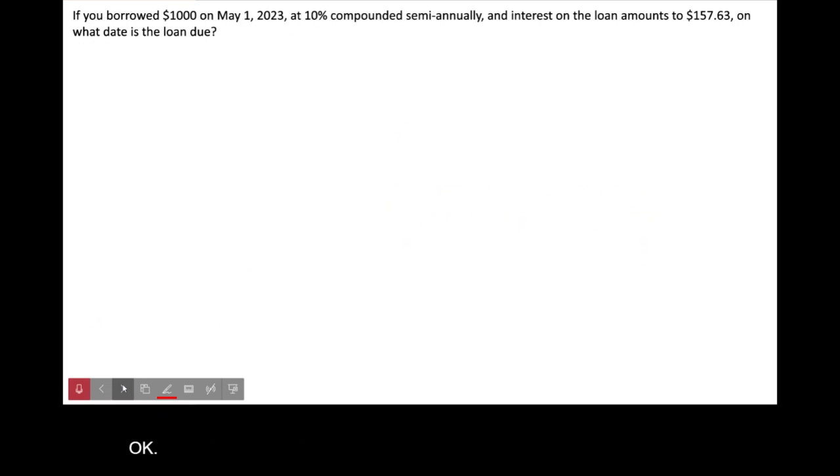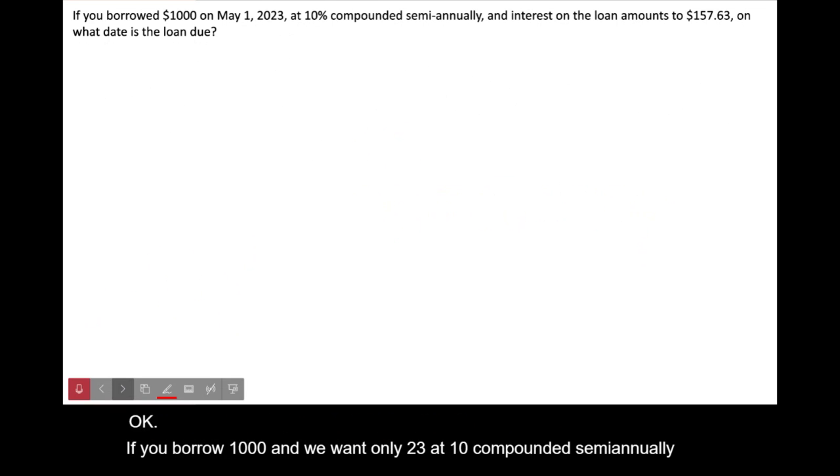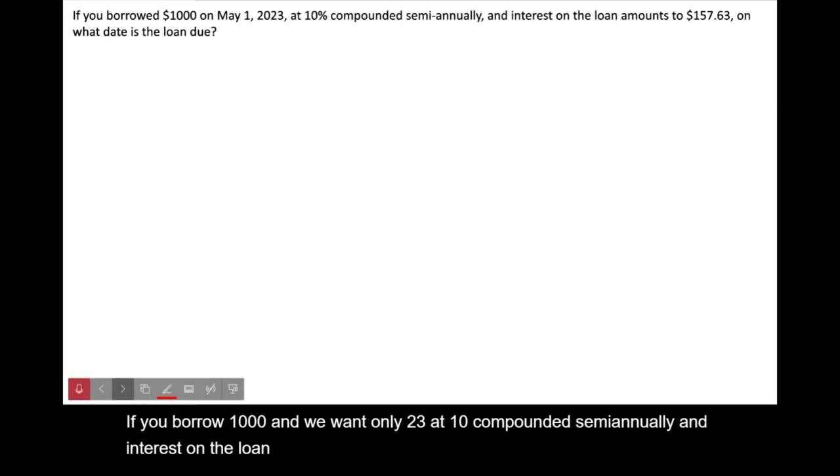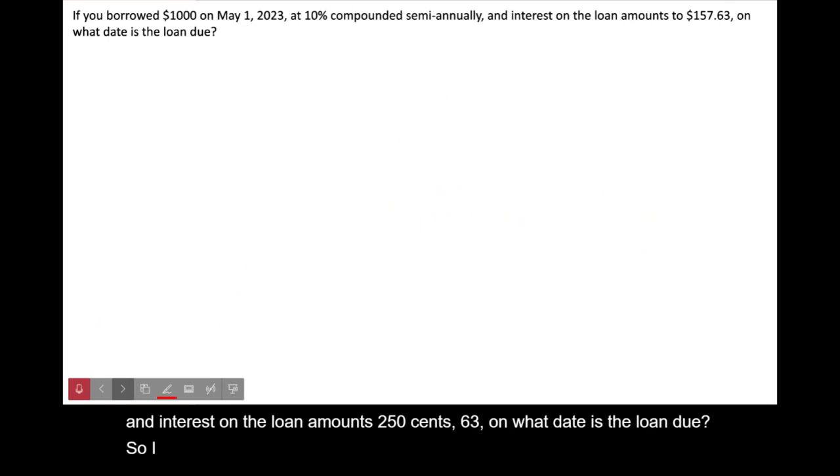Okay. If you borrow 1,000 on May 1, 2023 at 10% compounded semi-annually, and interest on the loan amounts to 257.63, on what date is the loan due? So I would say we need the number of months, probably, or a combination of years and months.